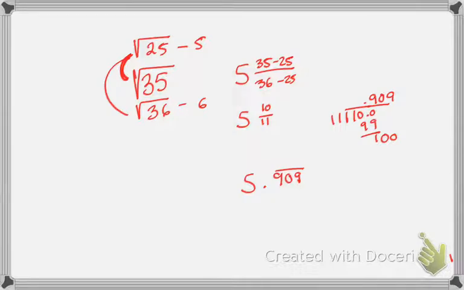Let's try another one. Let's start with the square root of 42. So 42 falls between 36, which is 6 squared, and 49. So we know that it's going to be 6 something. We always go to the lower number.